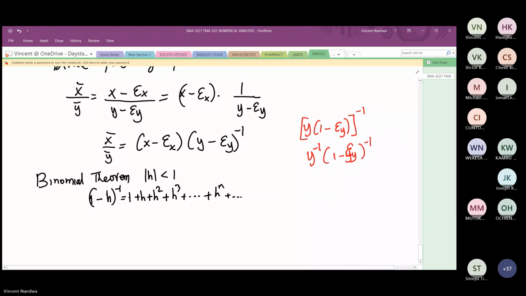Okay? So this is nothing but, we can write this as x bar over y bar, which is 1 minus error in y to the power of minus 1 divided by y.